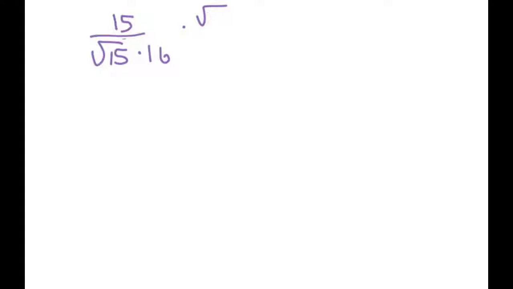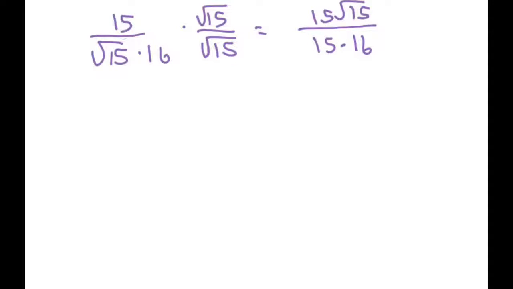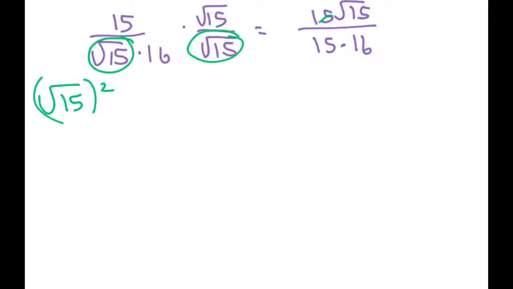When I rationalize it, let me make it bigger, so it's getting messy. You get 15 square root of 15 over 15 times 16. Because these two, you're just going to get square root of 15 squared, which is 15. So this cancels, and we're left with square root of 15 over 16.